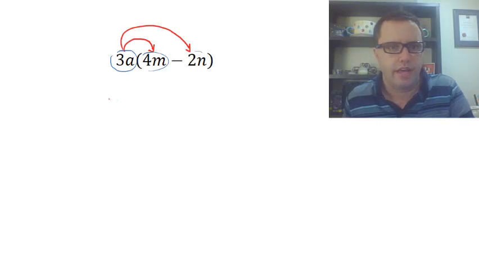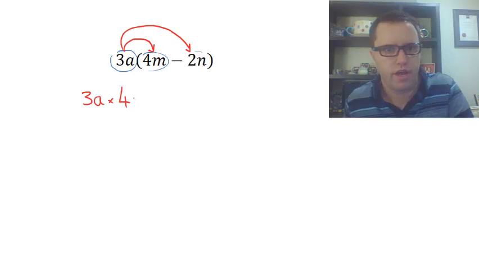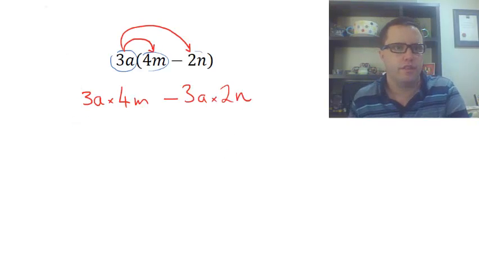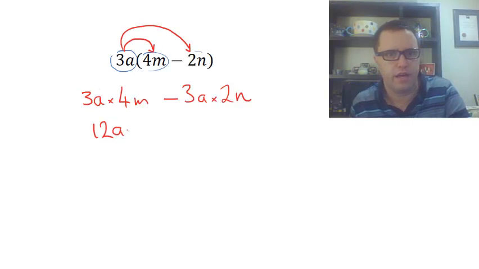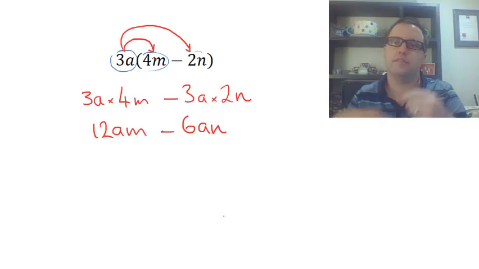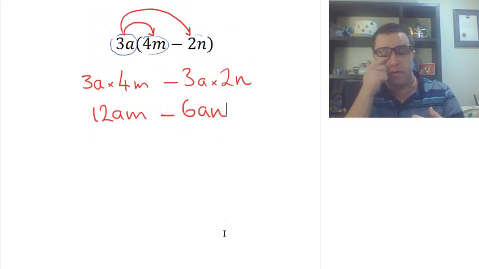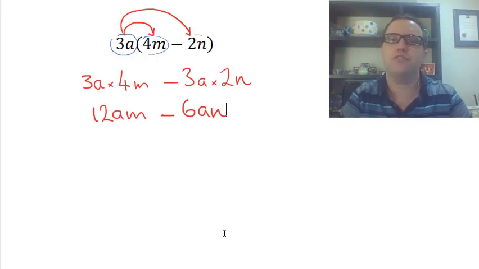So we're going to have 3a times 4m minus 3a times 2n. So 3a times 4m, 3 times 4 is 12, am, minus 3 times 2 is 6, a times n is an. Done.